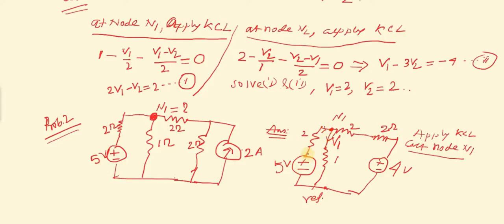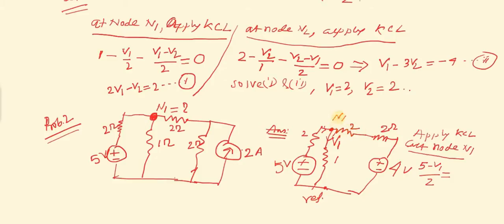This current is flowing through these directions. So 5 volt minus V1 by this resistance is the current entering this node, and these two are leaving. So the sum of these two will be equal to that current. And what is this current?